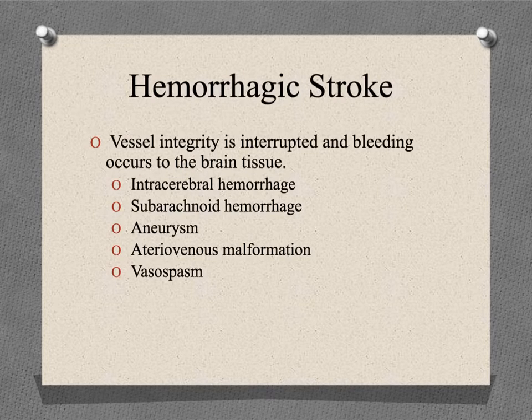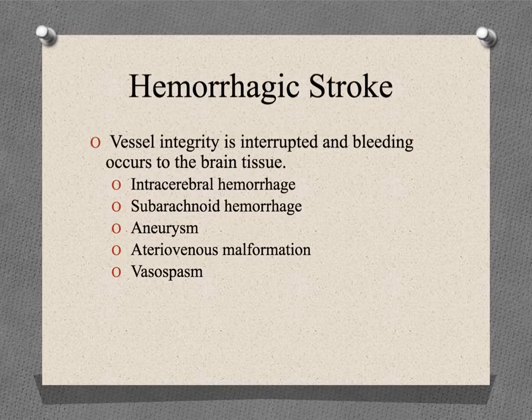Intracerebral hemorrhage is typically associated with hypertension or sustained hypertension, which means hypertension that's not controlled. The elevated blood pressure leads to changes within the arterial wall, which will possibly create a rupture. And this is the intracerebral hemorrhage that occurs after the rupture.